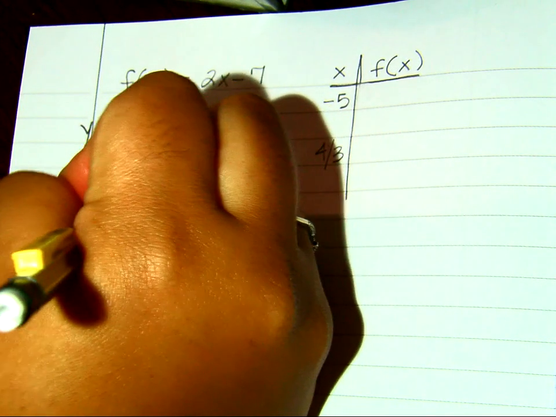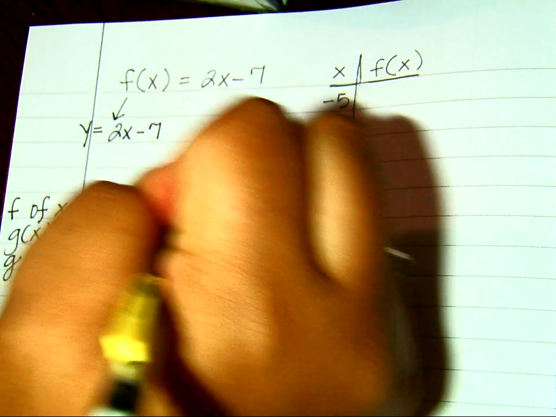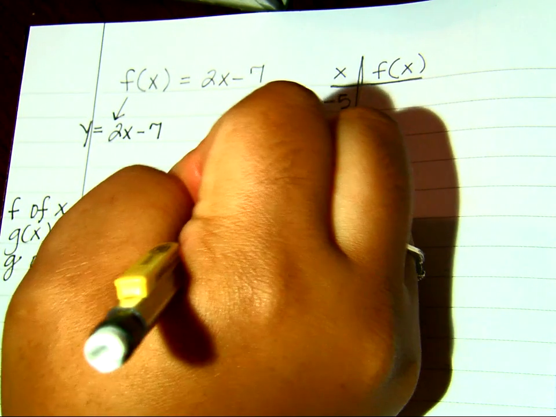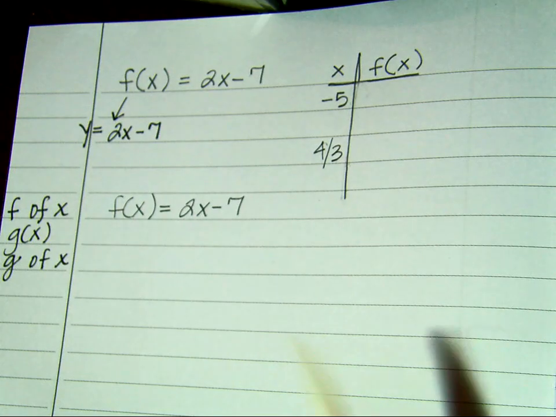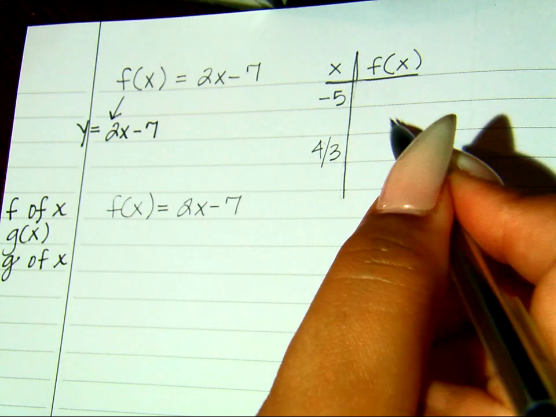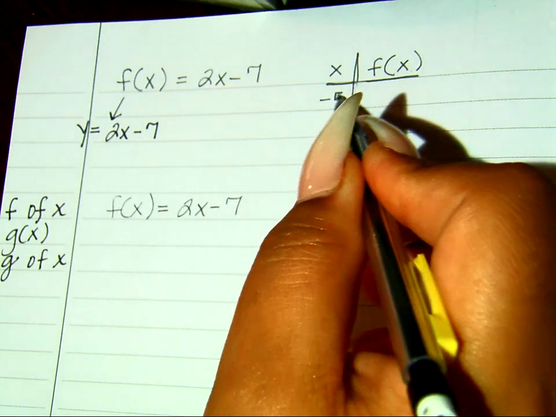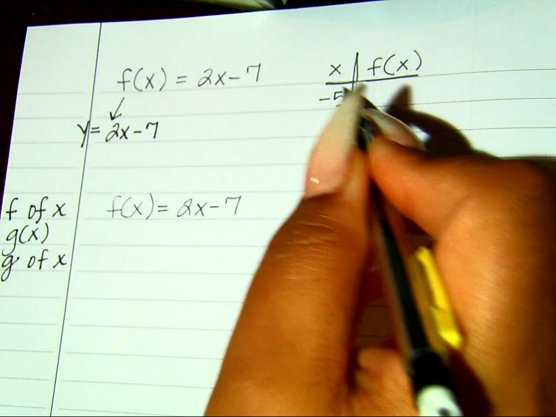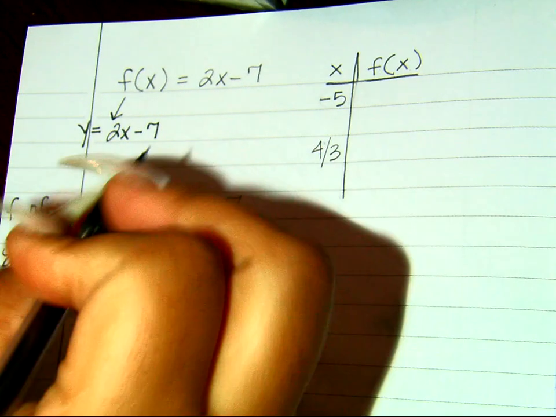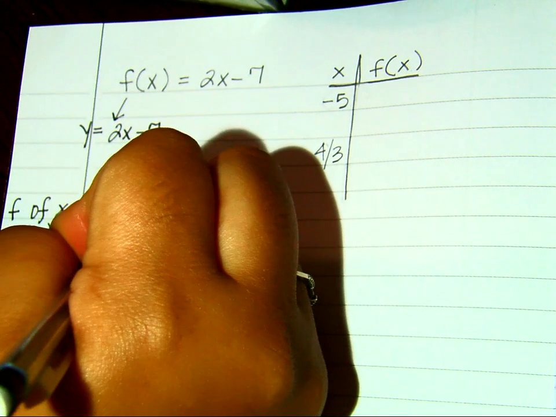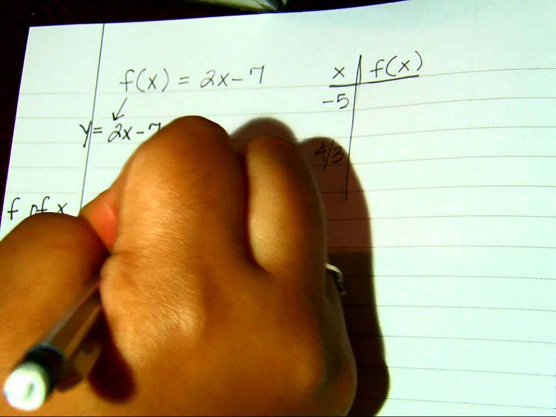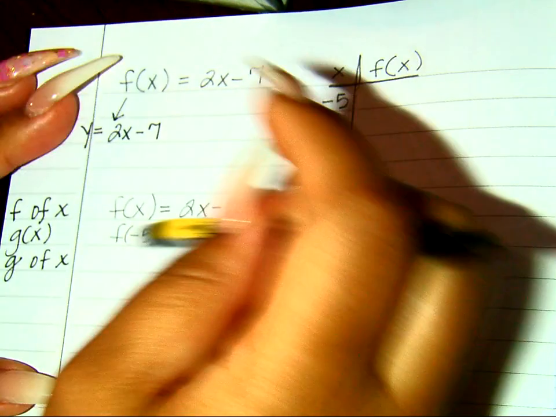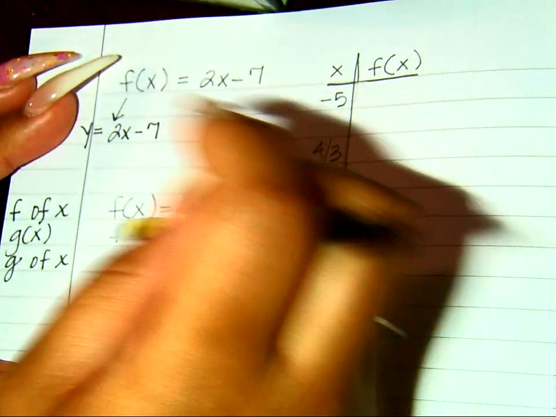So f of x, I'm going to rewrite my original problem, 2x minus 7. We are trying to figure out what f of x equals, so I'm going to take my x value of -5 and plug it in wherever I see x. Let me do it with a pen.